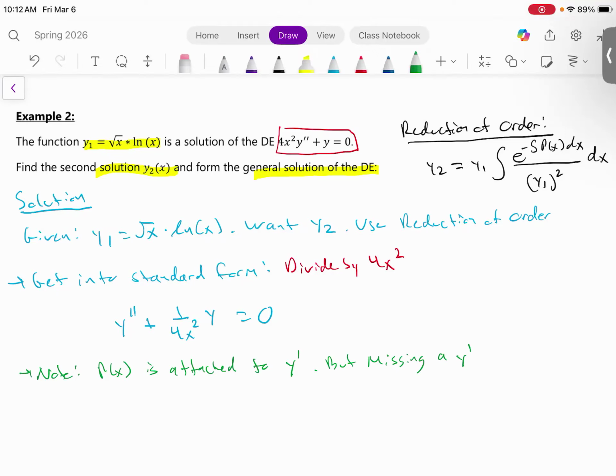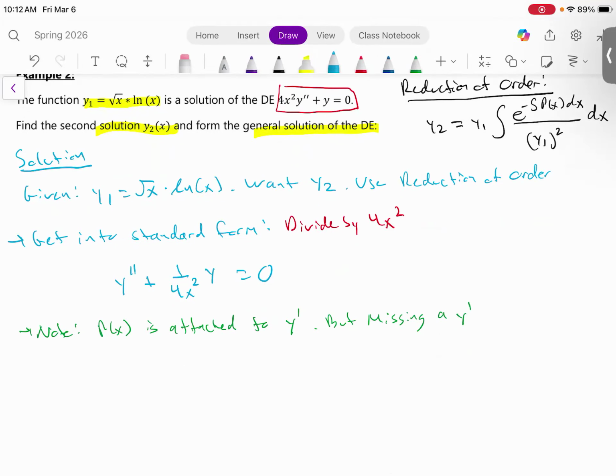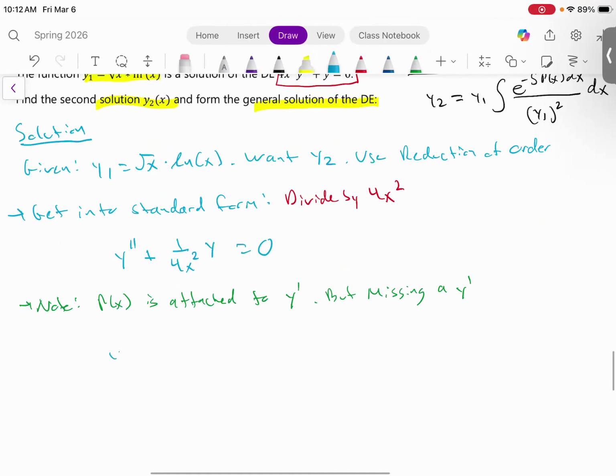So what I need to do is take account of that missing y prime. What I would write is y double prime plus 0 y prime plus 1 over 4x squared y equals 0. And so this 0 right here is my p of x.